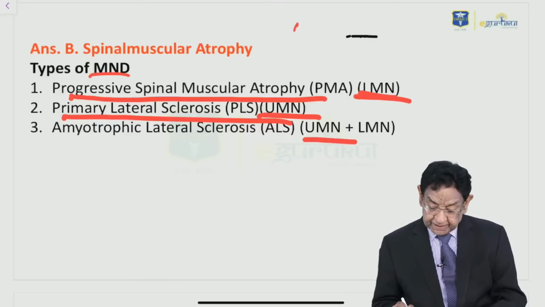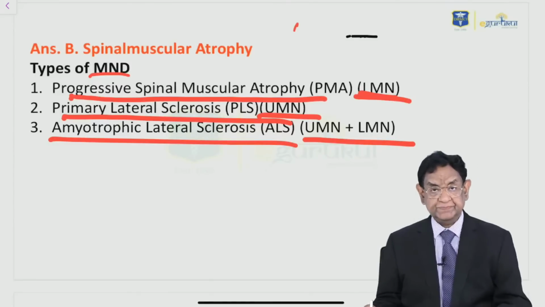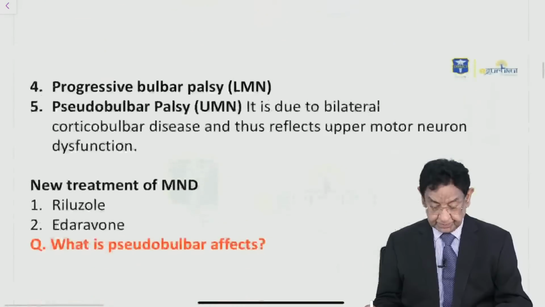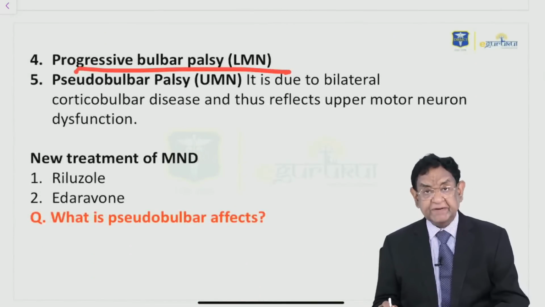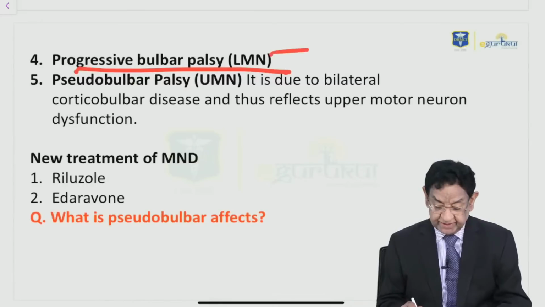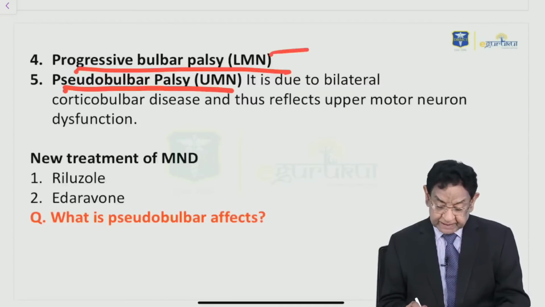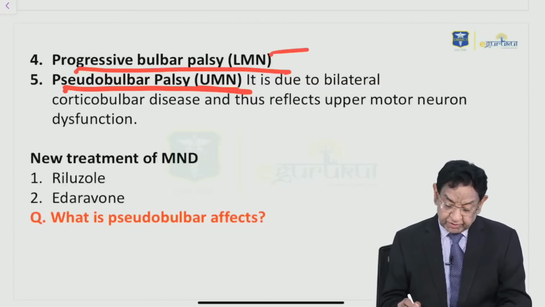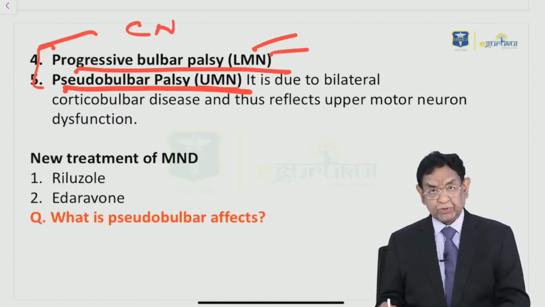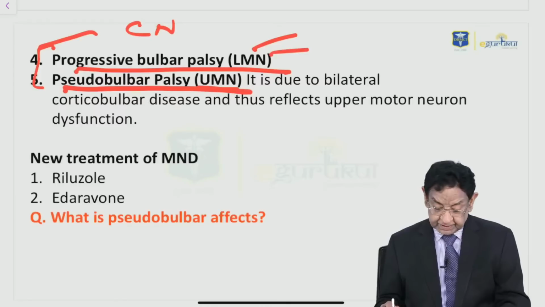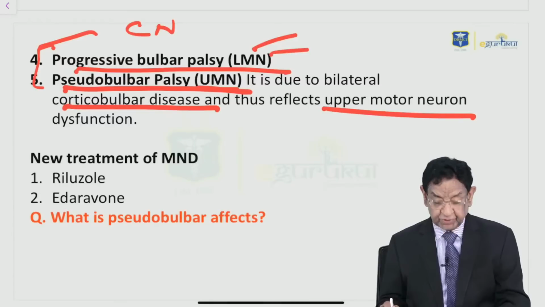When we have both upper and lower motor neuron, we call it amyotrophic lateral sclerosis. Then we have progressive bulbar palsy, where cranial nerves are involved and we have lower motor neuron lesion. Then we have pseudo-bulbar palsy, upper motor neuron involvement. Remember, in these two conditions, cranial nerves are involved, lower motor neuron and upper motor neuron. This is due to corticobulbar disease, which reflects upper motor neuron dysfunction.